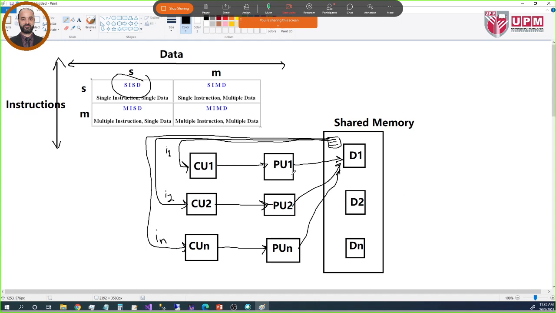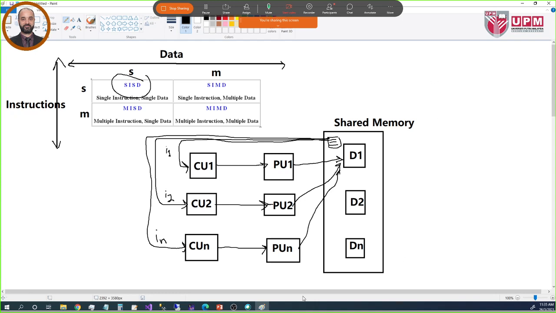That case is fully sequential. So even though we have a very expensive architecture based on multiple processors, and those multiple processors can run multiple instructions concurrently, they still cannot run in full parallel mode.